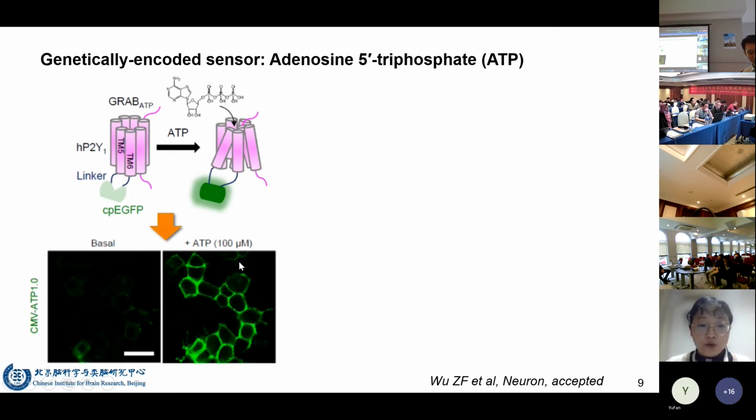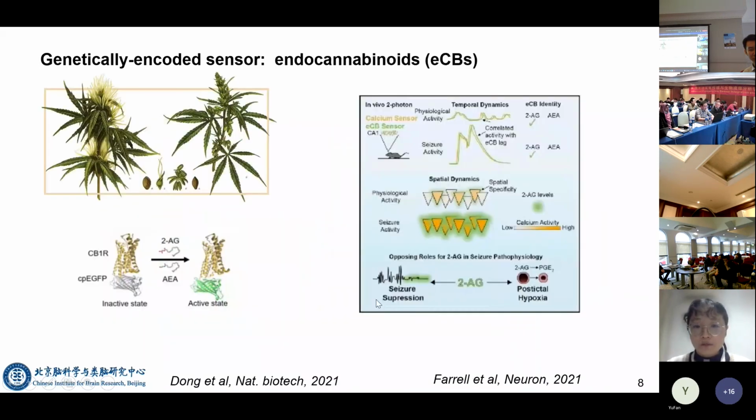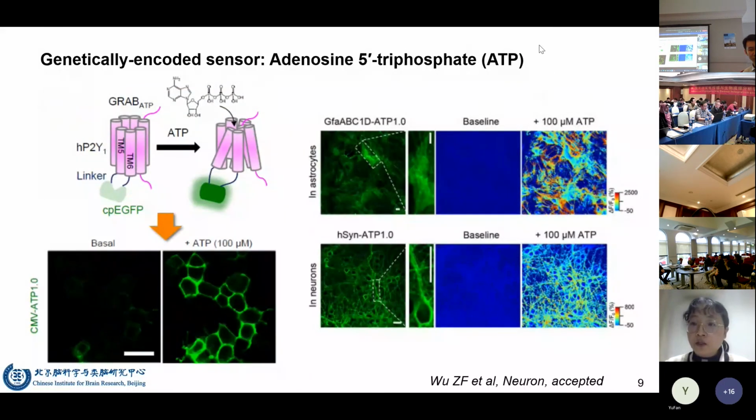They tested this in HEK cells, first at baseline, and then added ATP after the sensor was expressed. The sensor showed very good signals and worked very well on the cells. They also expressed this sensor in different neural cells like astrocytes and neurons, and found that when expressed on astrocytes, it can detect ATP with a higher affinity.